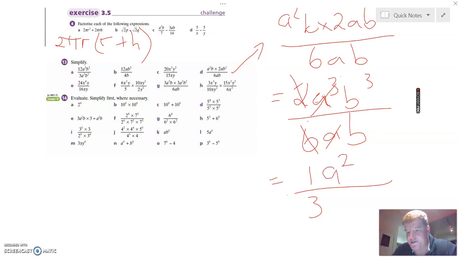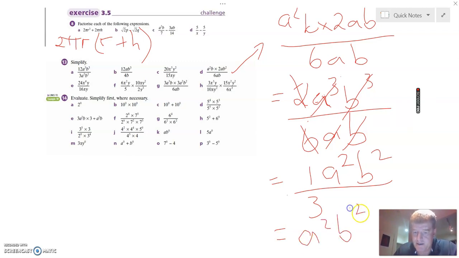And similarly, b cubed is b times b times b divided by b, we're going to be left with b squared. Now, that looks a little bit funny, and the reason it does is because when we've got 1a squared b squared, we don't write 1. It's just understood. So our answer is going to equal a squared b squared divided by 3.